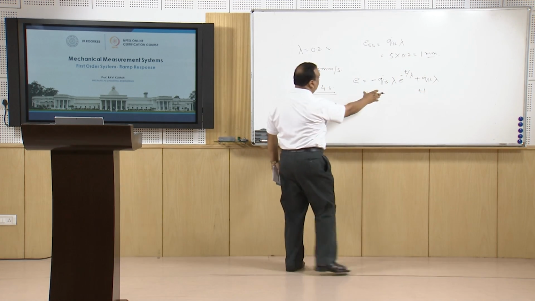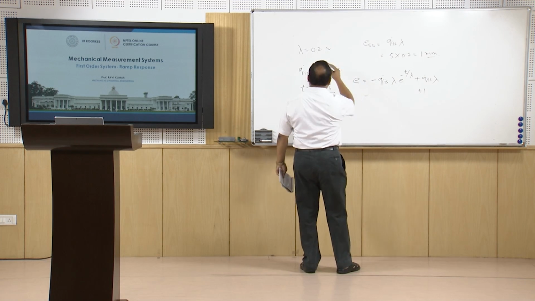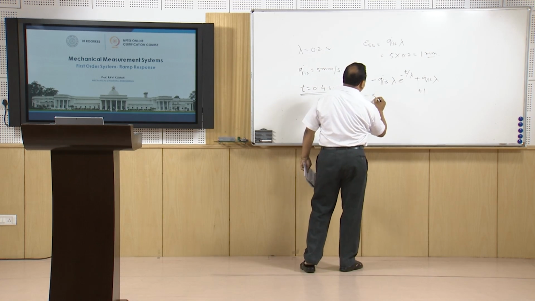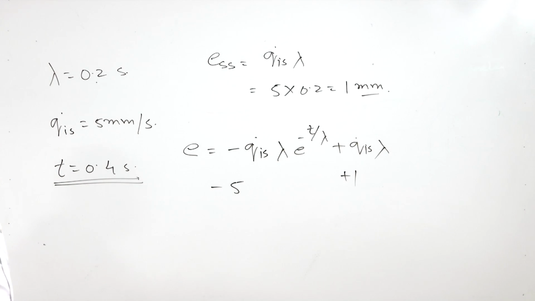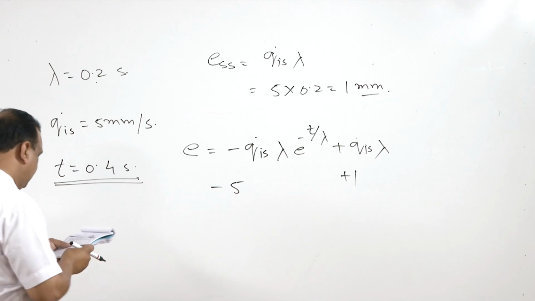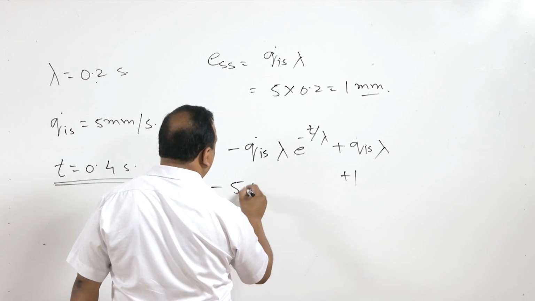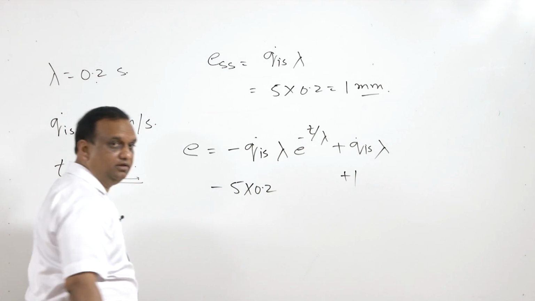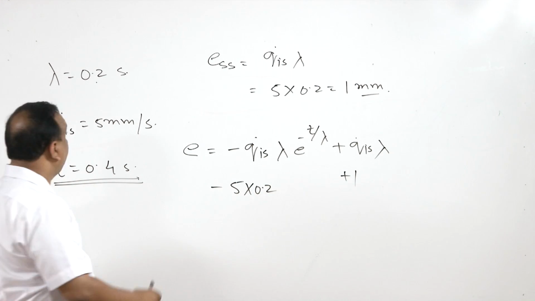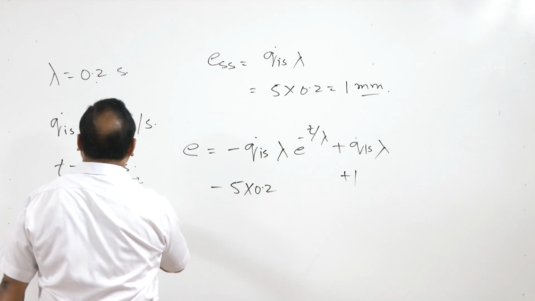Now for this transient error, minus QIS is 5 mm per second, right? And lambda is 0.2. e raised to power minus t by lambda, t is 0.4.